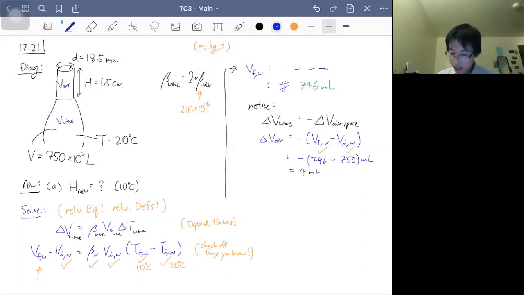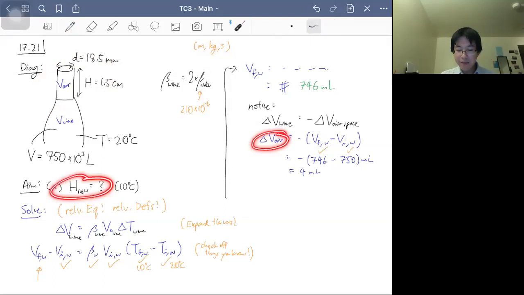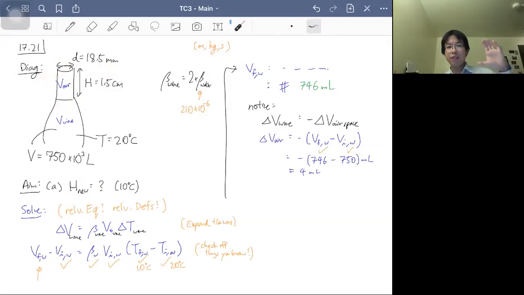All right, how about on the left-hand side? Change of volume of the air, okay? So here you want to try to link this to your aim. So how can I link the volume of air to the variable H? Now you notice that's a cylinder. So you can do it step by step. The volume of the air is in a cylinder. So what's the formula for a cylinder?